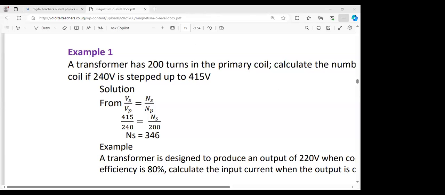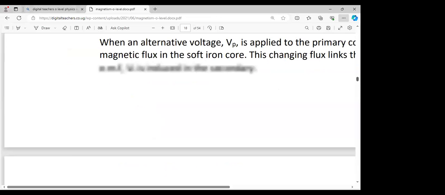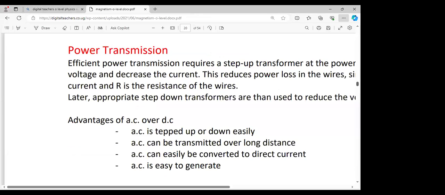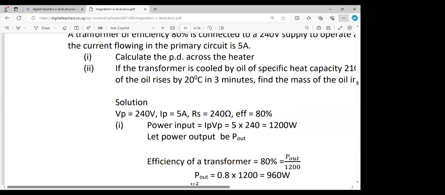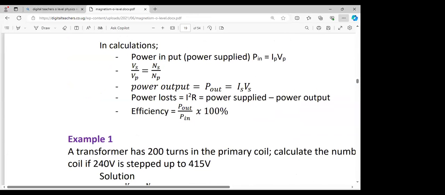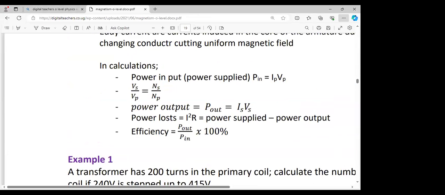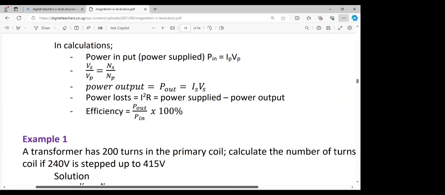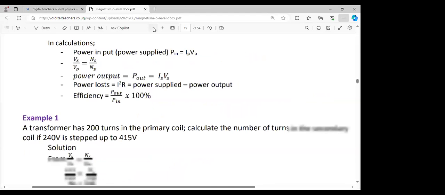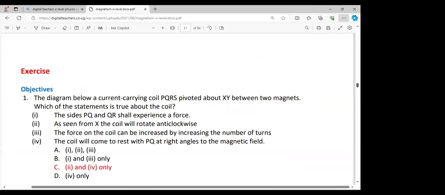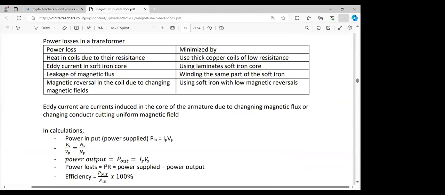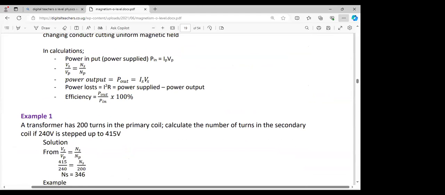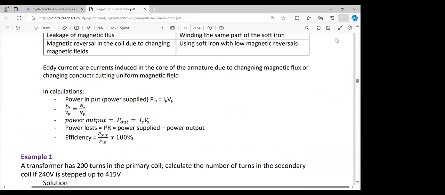Okay, so we have a question here. It says that a transformer has 200 turns in the primary coil.